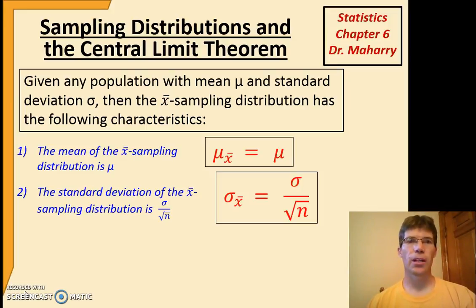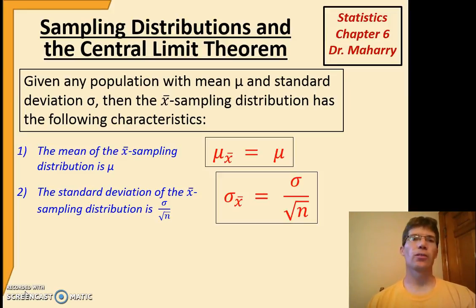Hence there's a sigma in here. But also, the larger my sample size, the more likely it is that X bar will be closer to the true mean. So the variation of these X bar values should get smaller as my sample size gets larger.